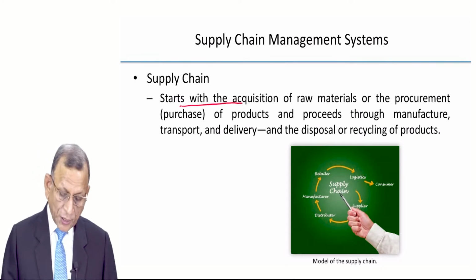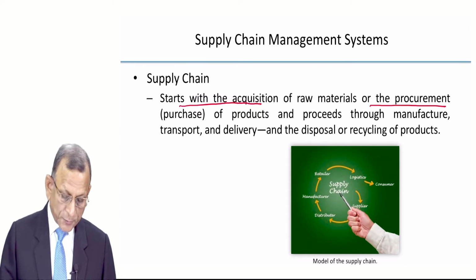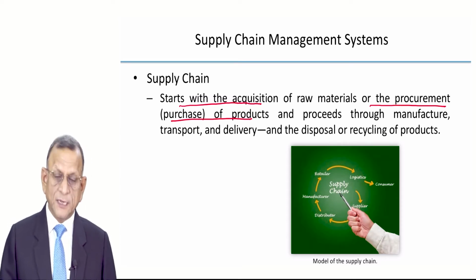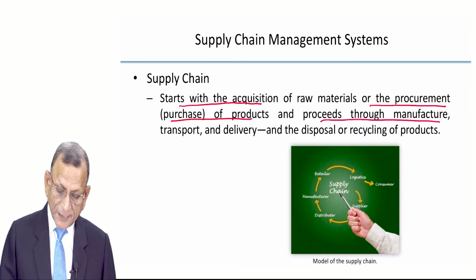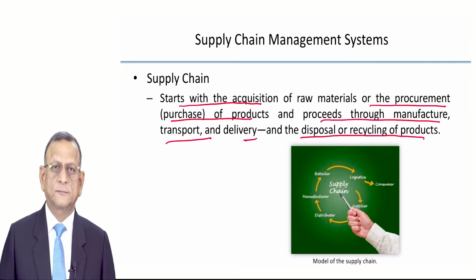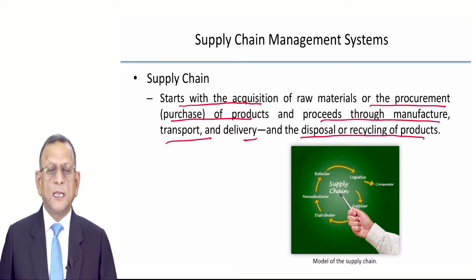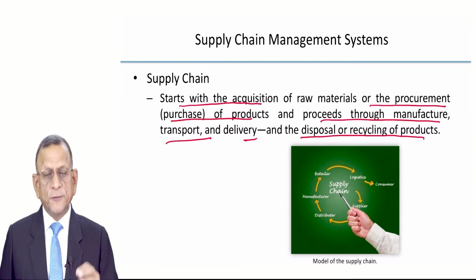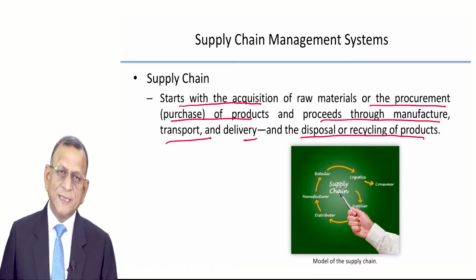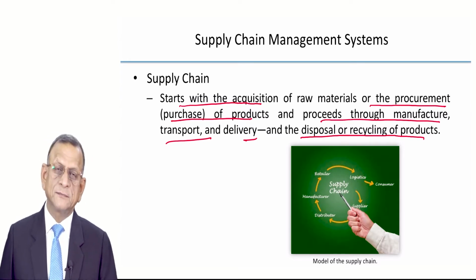It starts with the acquisition of raw material, or the procurement, purchase of the products, and proceeds through manufacture, transport, delivery, and the disposal or recycling of products. I'll buy, I'll shift the material from the point of purchase to where I need to work on it.